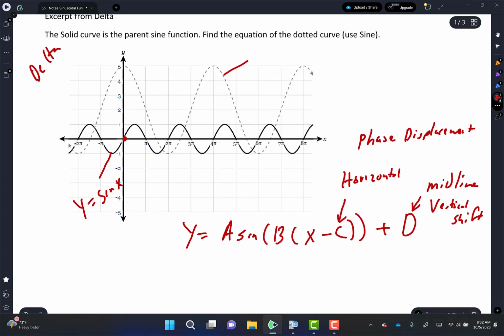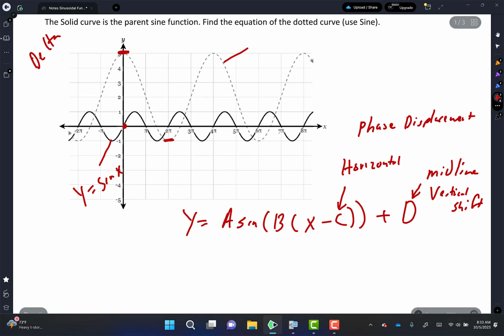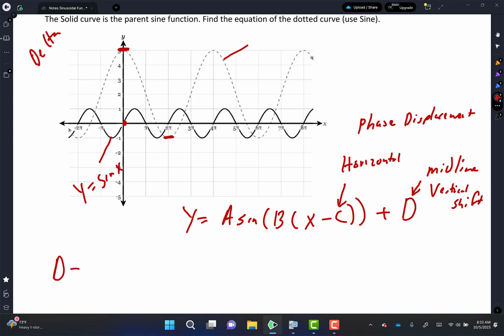Okay, so how do I tackle this? I think the easiest way is to work from the middle and get everything else. So how do you find the middle of anything? Well, you add them and divide by 2. That's how you find the middle of anything, guys. So to find my midline, I take my high value. What's the high y value? 5. And then I add my low value.